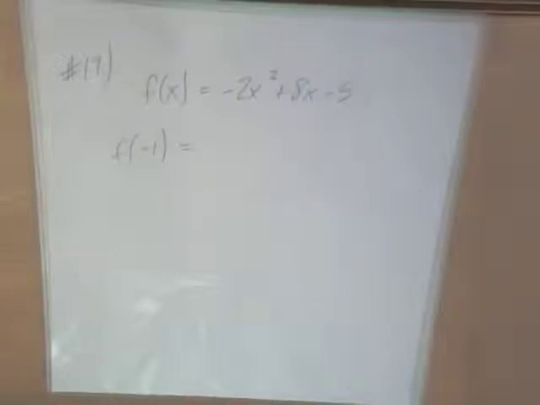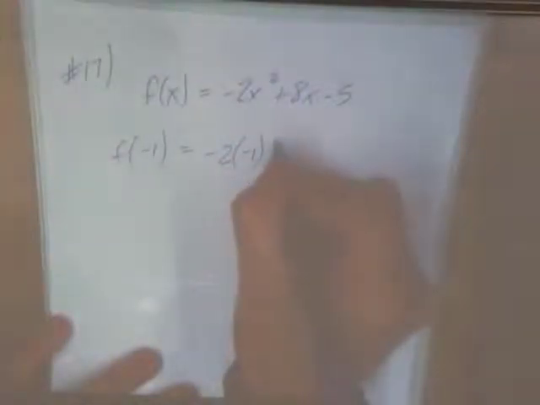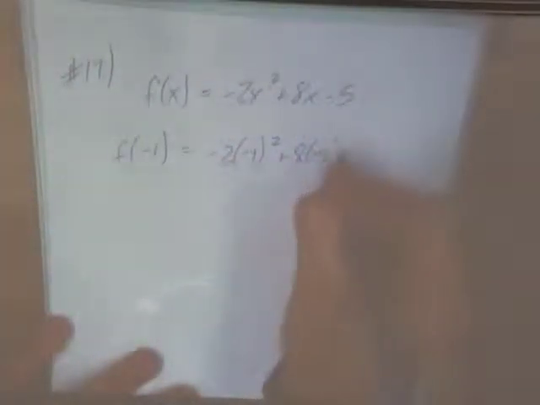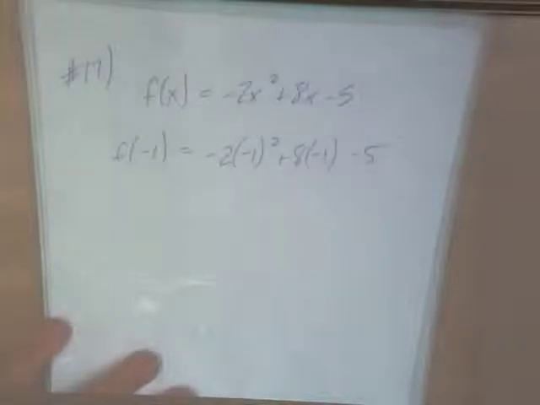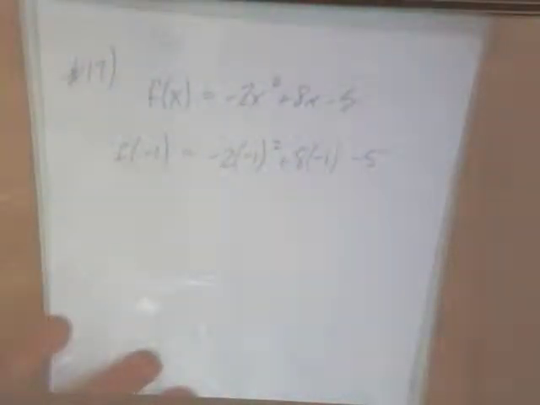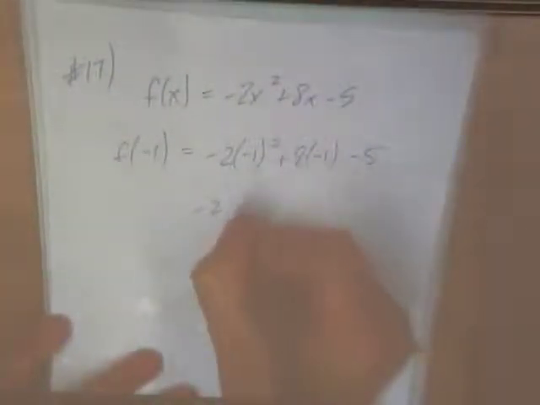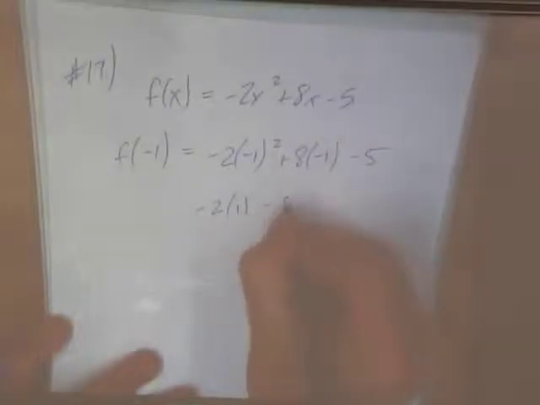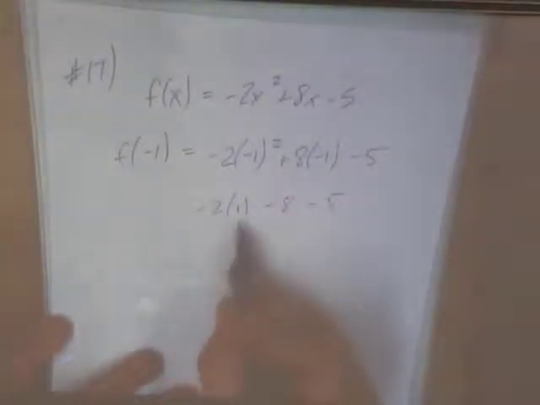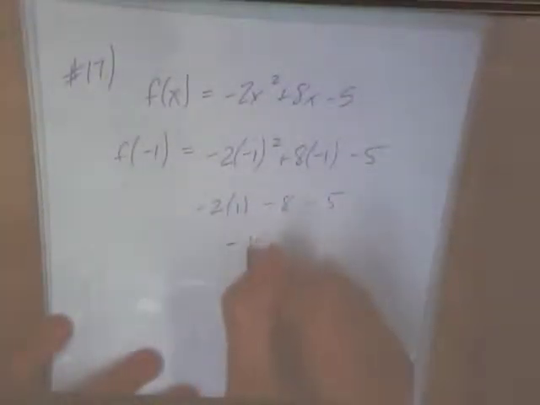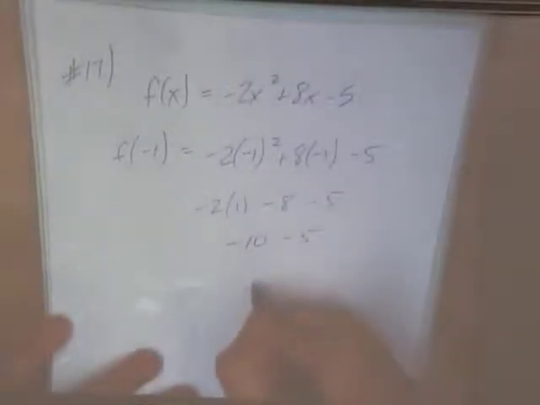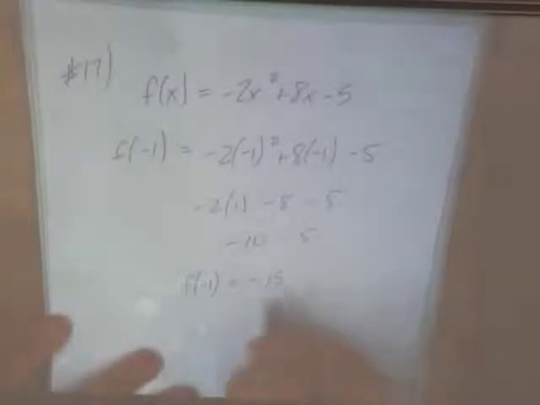Plug -1 in for all the x's. -2 times (-1) squared plus 8 times (-1) minus 5. Remember your order of operations. So I got -2 minus 8 gives us -10, minus 5 gives us -15. So f of -1 is equal to -15.